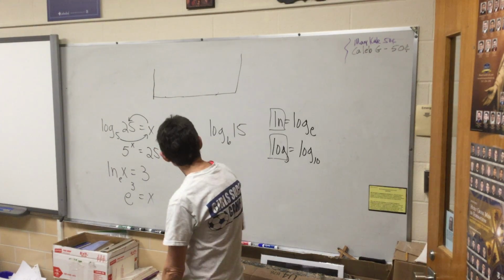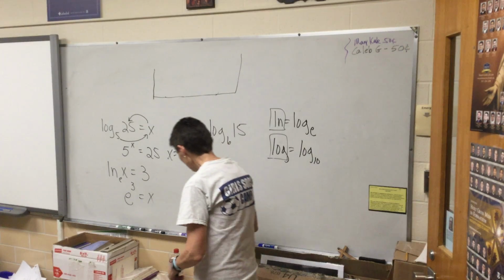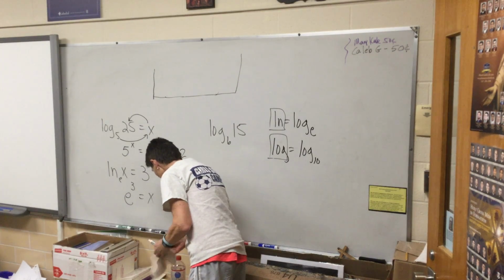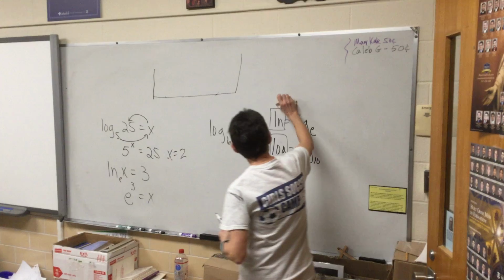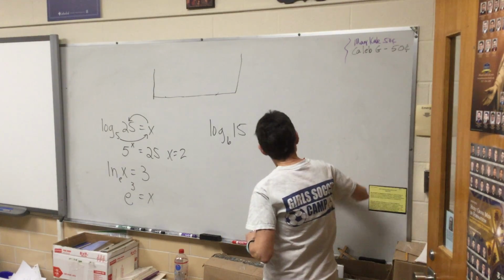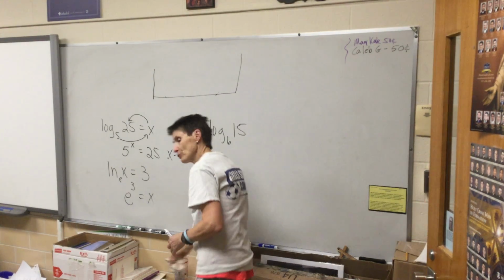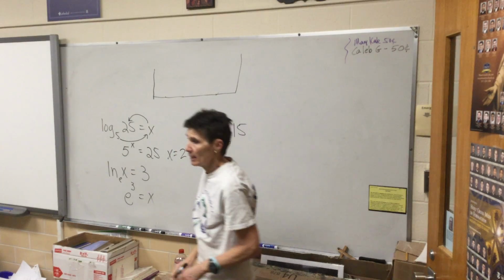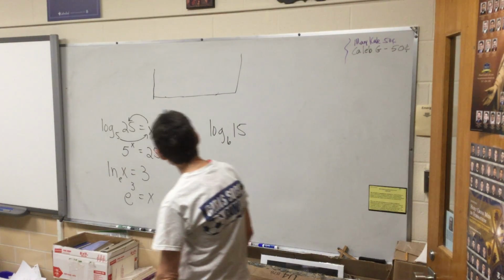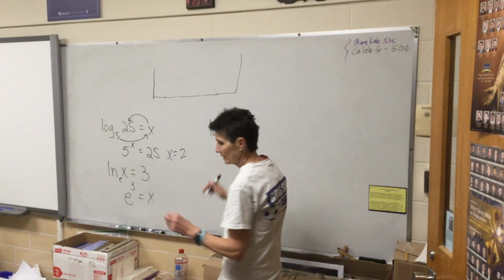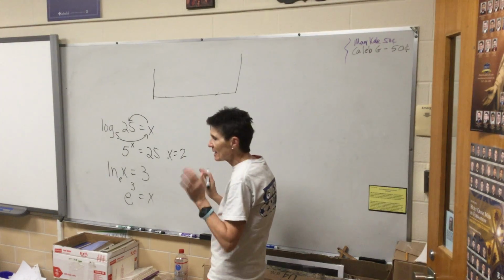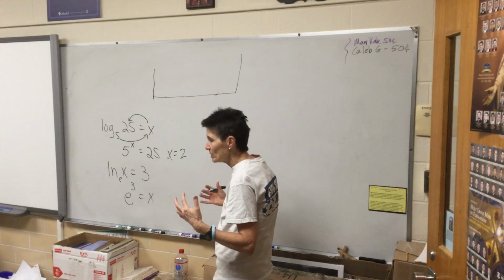Okay? Now, this guy, what are we going to do with him? Well, you have two options. If you're using your notes, and we've got several examples in our notes, you know the little formula, and it's not even really a formula, it's just the way we do it.